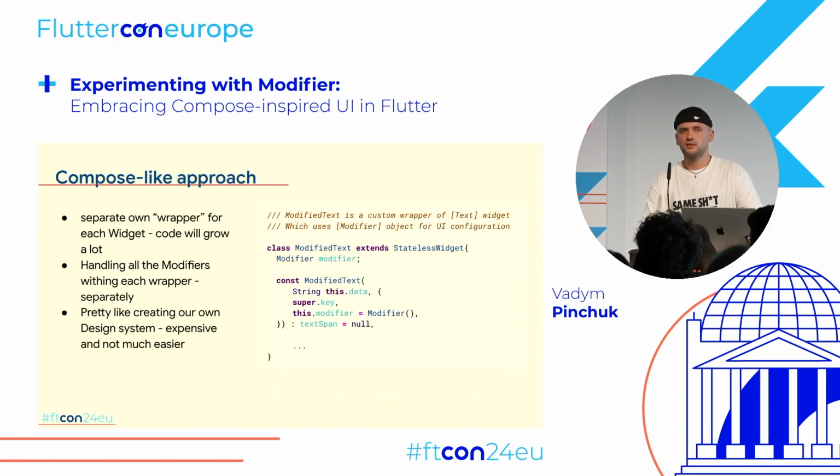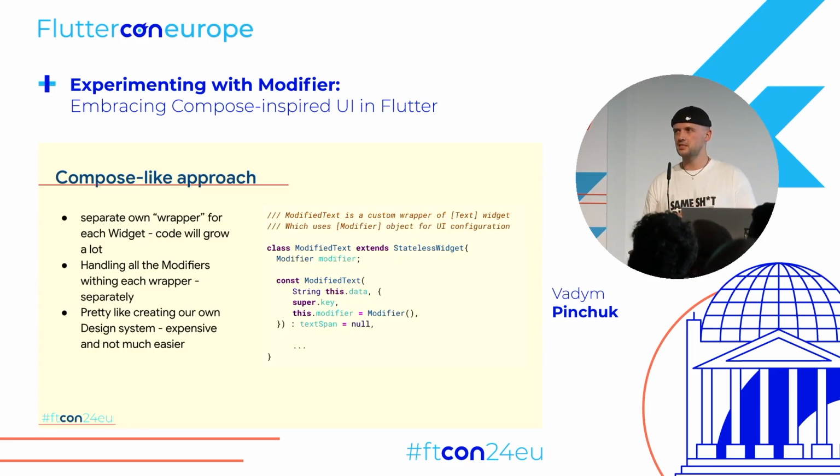First thing, we can go the most straightforward way. It's a Compose-like approach. In Compose, each composable function has a modifier parameter, so we can pass it. In Flutter, we don't really want to change our framework, and I don't think anyone will allow me to do so. But we can make our own wrappers, again, for each main visual component. We can make a modified text, a modified image, whatever modified, and each of these widgets will have a modifier as a parameter.